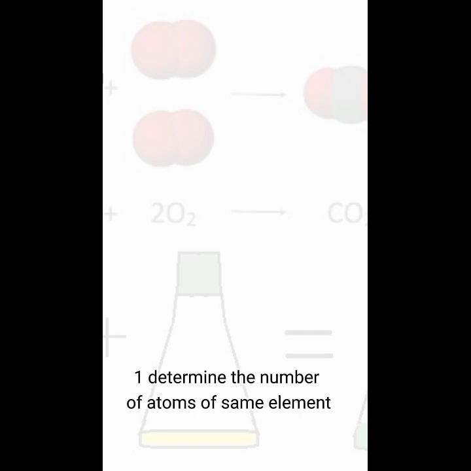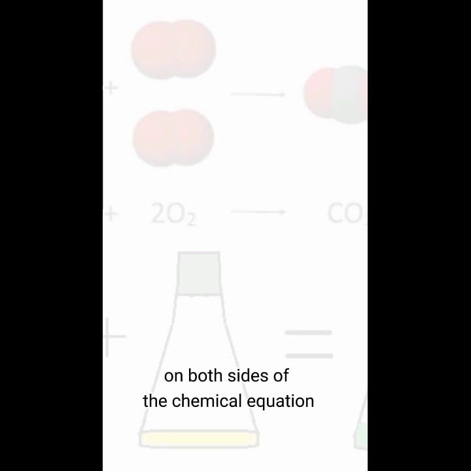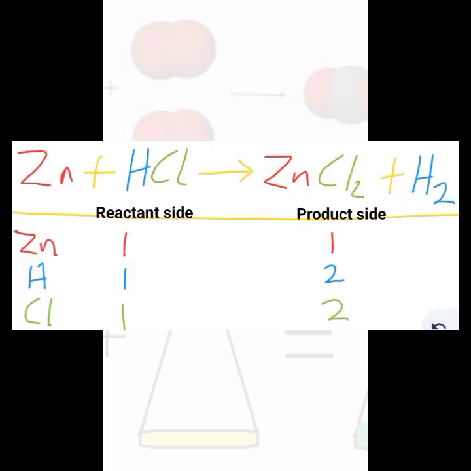1. Determine the number of atoms of the same element on both sides of the chemical equation. 2. Balance the equation by applying the law of conservation of mass to get the same number of atoms of every element on each side of the equation.